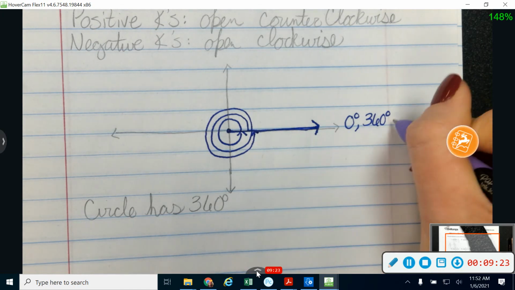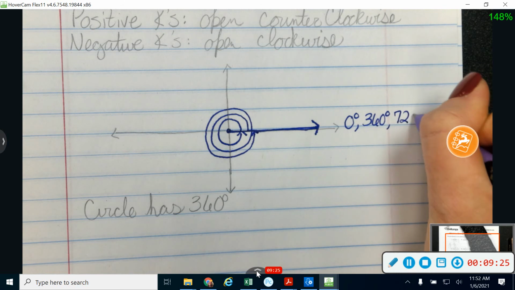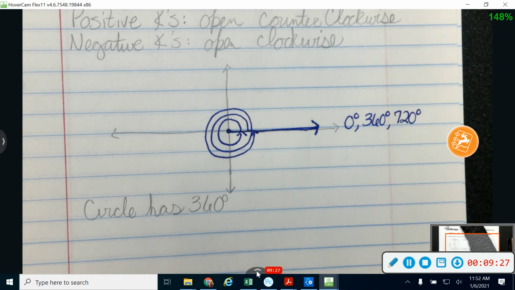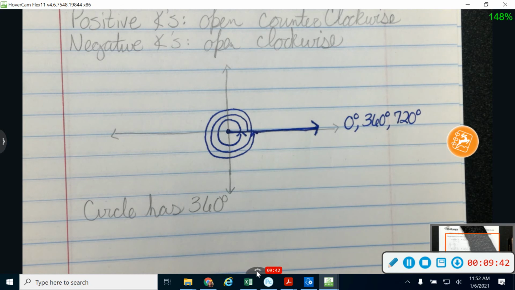I'm now at 720 degrees. All of those are different names for the same angle. And you can go as big as you want. I could go again and be at 1080. I could go again, and again, and again. So there's an infinite number of names for that one angle.